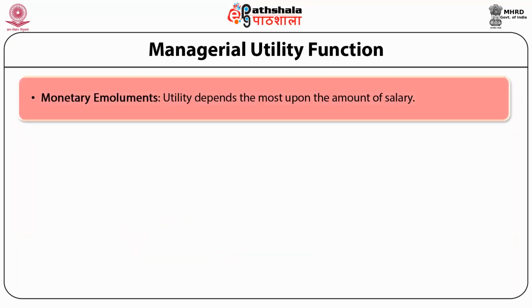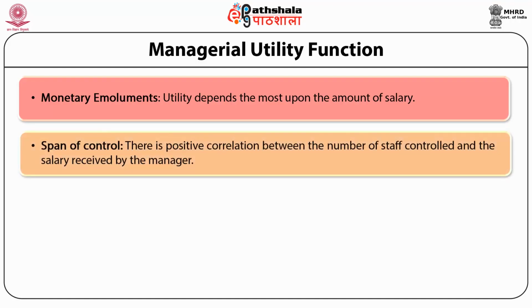Monetary emoluments: it states that utility depends upon the amount of salary. Span of control: there is a positive correlation between the number of staff controlled and the salary received by the manager.